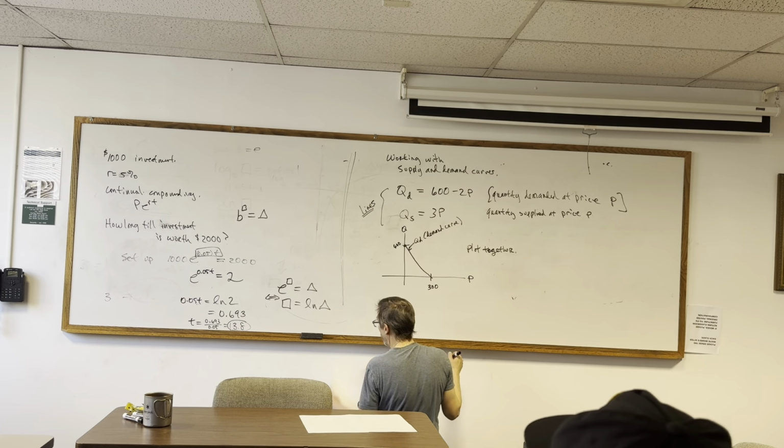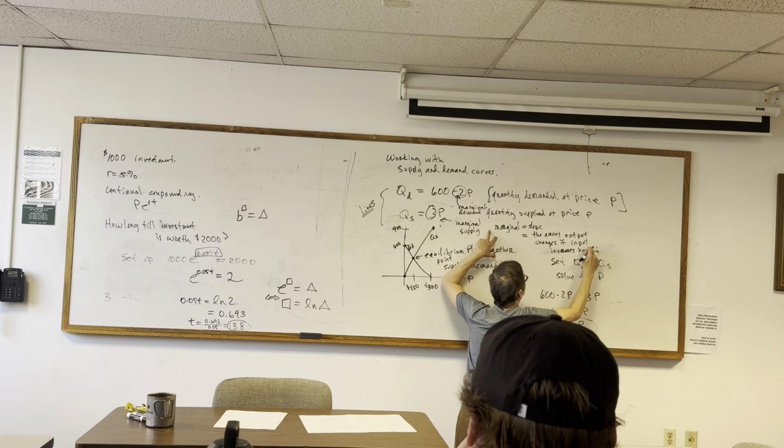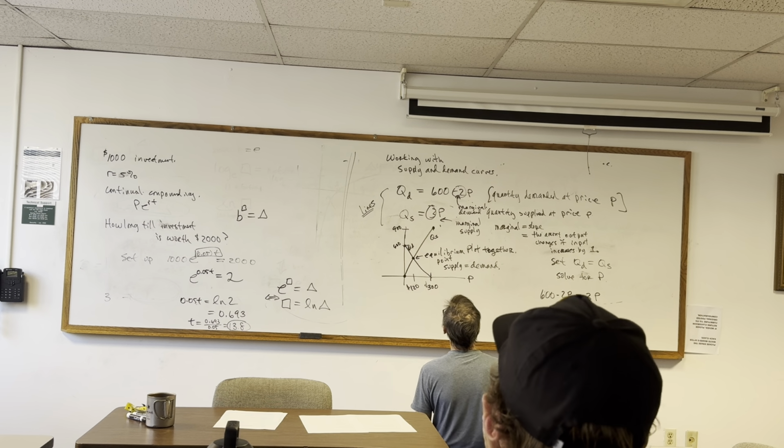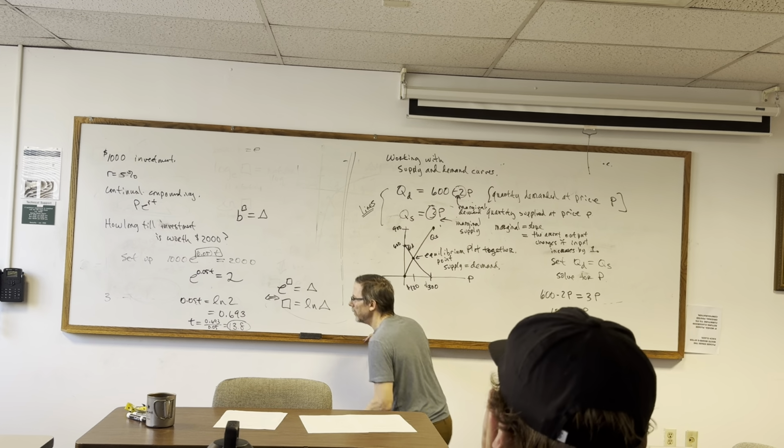And it's going to represent the amount output changes if input changes by 1, increases by 1. Jeez. That's a 1. That's a 1 right there. It's looking all weird. So let's do one together.